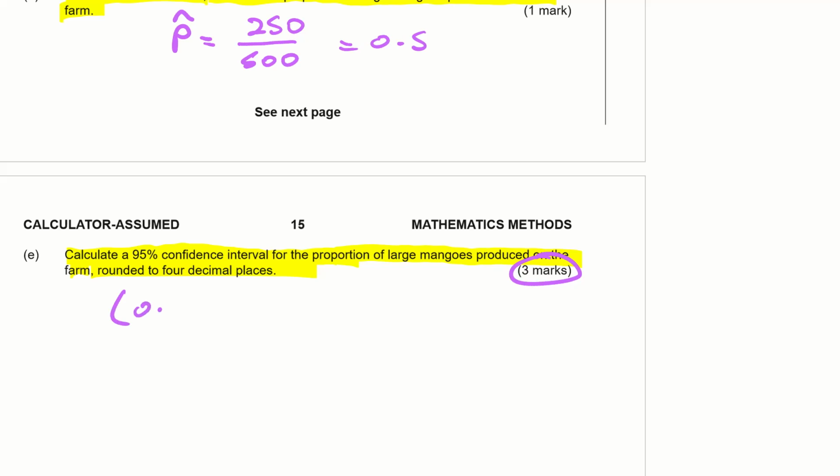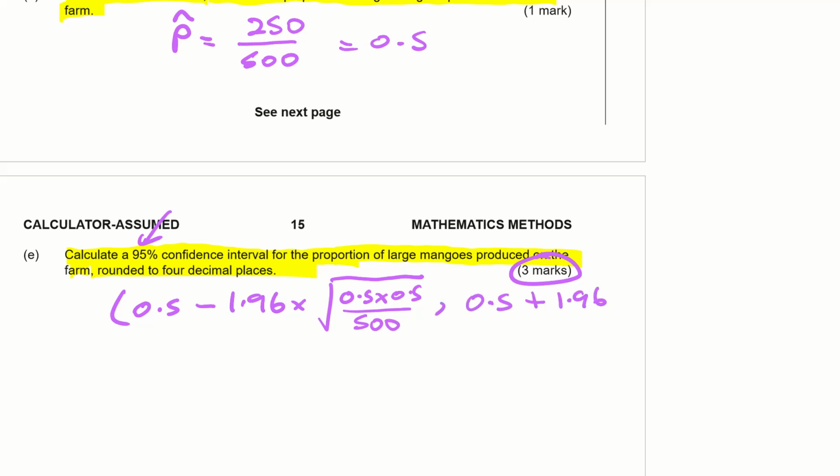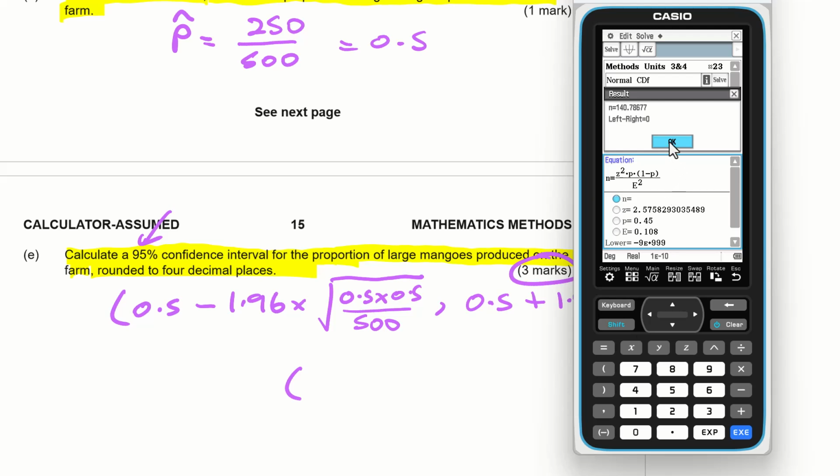So 0.5 take away the Z95 value, which is 1.96 times the square root of 0.5 times 0.5 over 500, and then this would just be plus 1.96 times the square root of 0.5 times 0.5 over 500, and then we really want to give our interval. Of course, we can get that from the ClassPad, which is probably the way I would do it, but I'd need to show that working for the 3 marks.